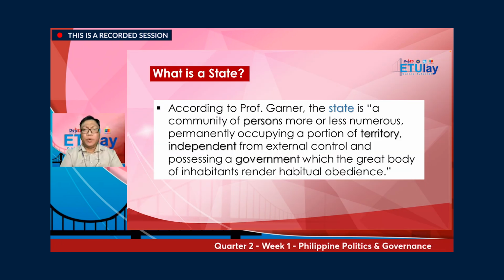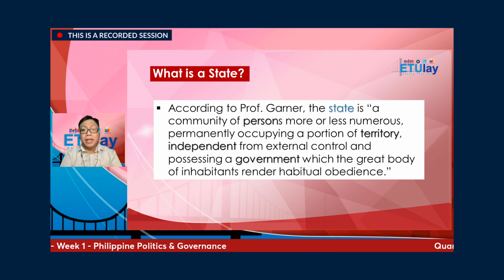Okay? So what therefore is a state? Kasi na-mention natin yan kanina. The state, according to Professor Garner, is a community of persons more or less numerous, permanently occupying a portion of territory, independent from external control, and possessing a government to which the great body of inhabitants render habitual obedience.